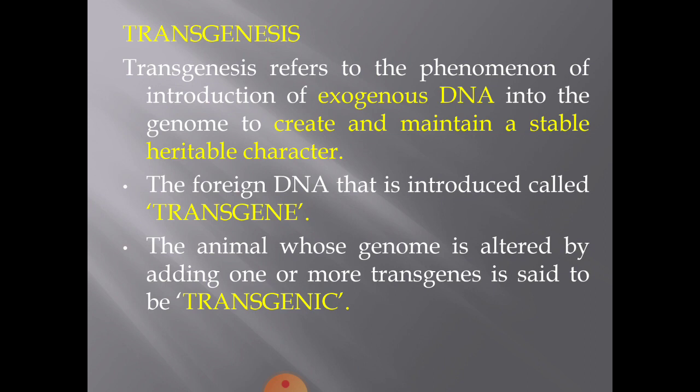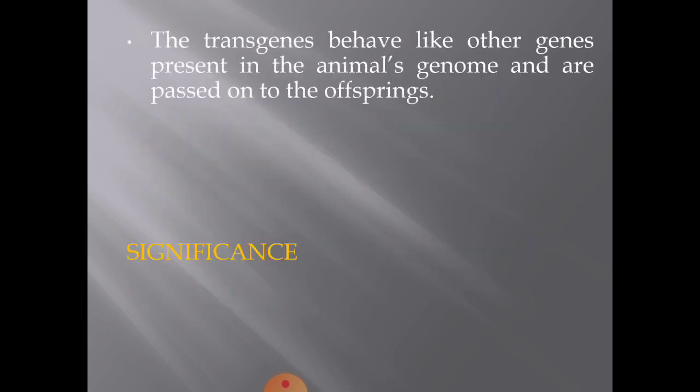Okay. Then the transgenes, once they are into the genome of the transgenic animal, they behave just like any other regular genes of that animal, and during reproduction they are passed on to the offsprings. That's what I meant by you are going to incorporate a stable heritable character in the transgenic animal. Okay.